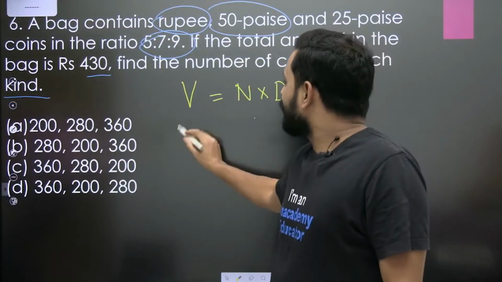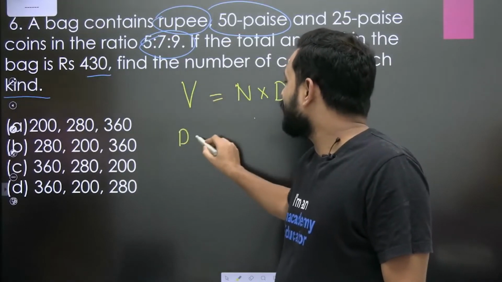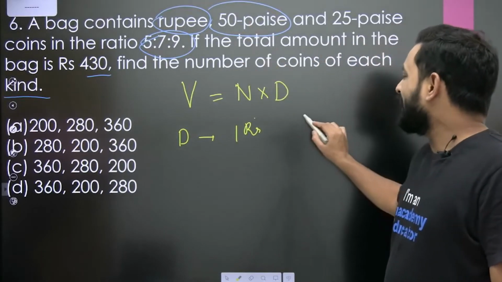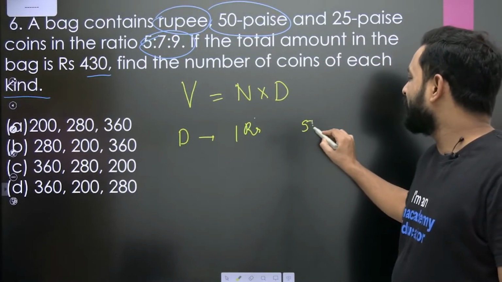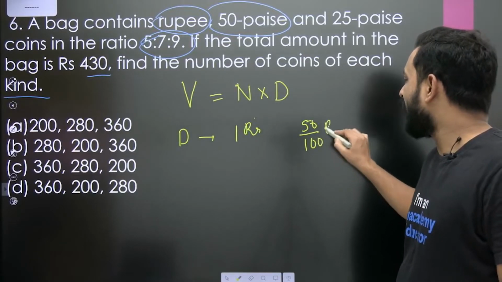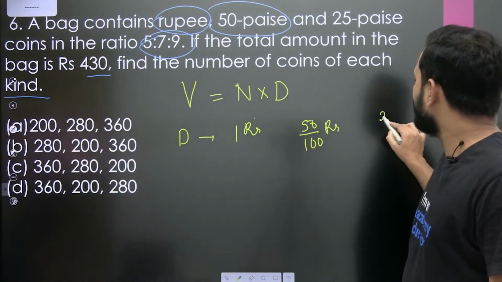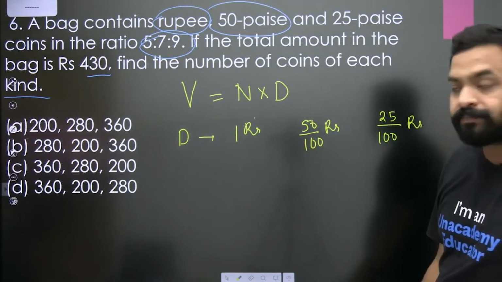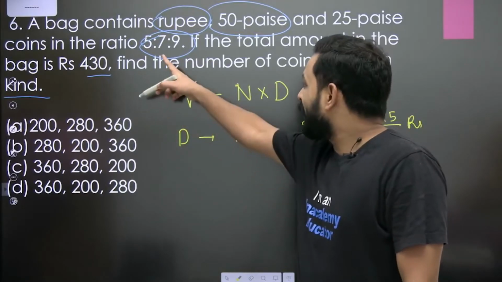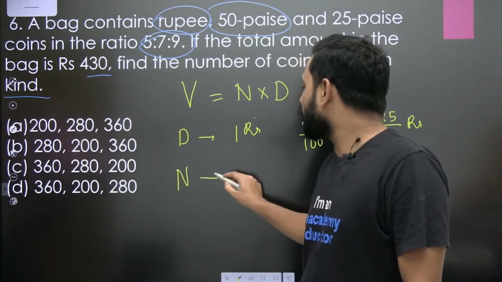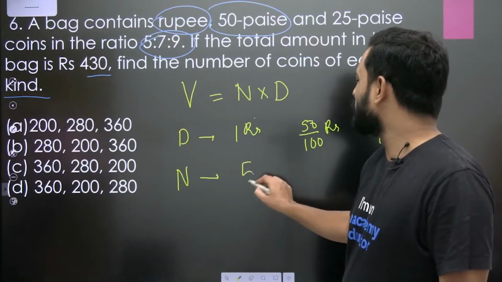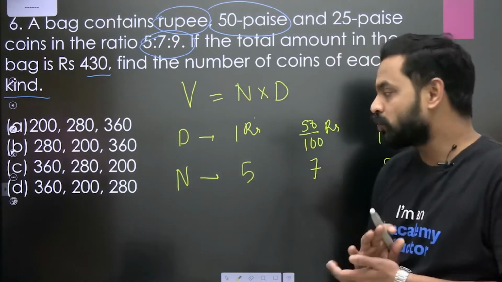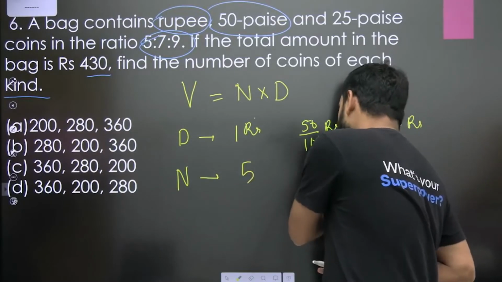So I am writing down the denominations. 1 rupee, 50 paise, which can be written as 50 by 100, that means half rupee, and 25 paise, which can be written as 25 by 100, that means 1/4 rupee. And the ratio of the number of coins is 5:7:9.